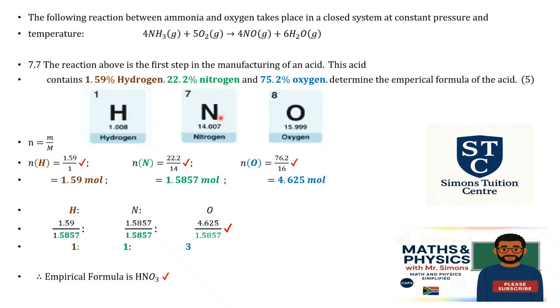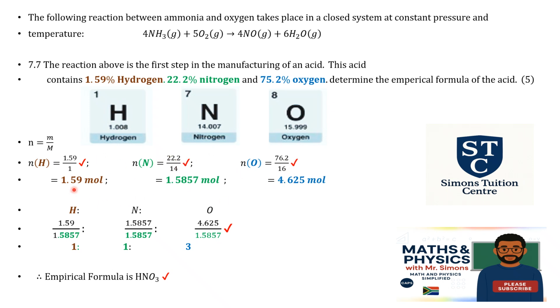Nitrogen, 14. Oxygen, rounded off to 16. So 1,59 divided by 1 gives me 1,59 mole. For moles of nitrogen, 22,2 divided by 14 gives me 1,5857 mole. And for oxygen, 75,2 divided by 16. 1 mark for correct values.